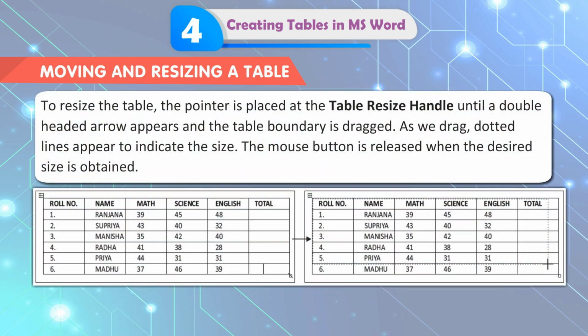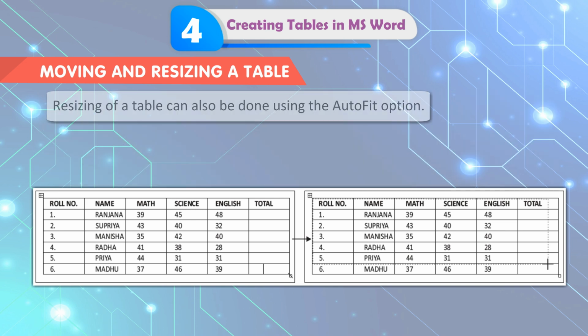To resize the table, the pointer is placed at the Table Resize Handle until a double-headed arrow appears and the table boundary is dragged. As we drag, dotted lines appear to indicate the size. The mouse button is released when the desired size is obtained.